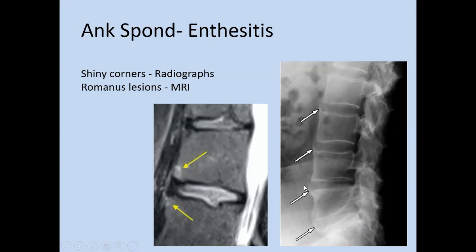So remember, the shiny corners and Romanus lesions are the same pathology, but there are two different radiologic features from two different modalities. Sometimes I see residents mixing them up, calling shiny corners on MRI and Romanus lesion on radiographs. So we should know the terminology and what terminology belongs to what imaging modality.